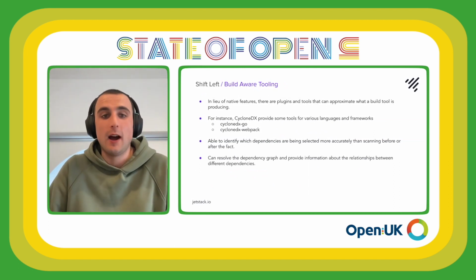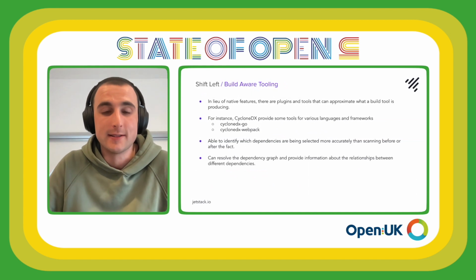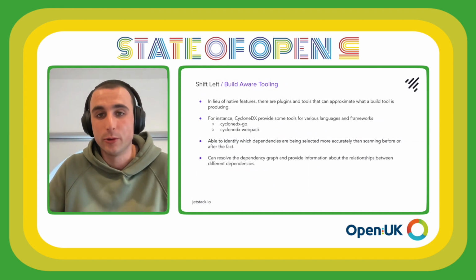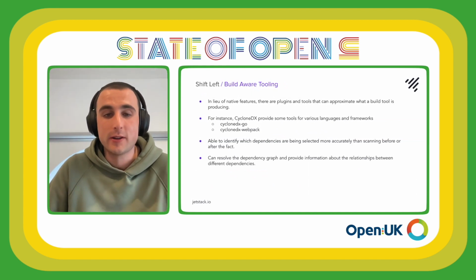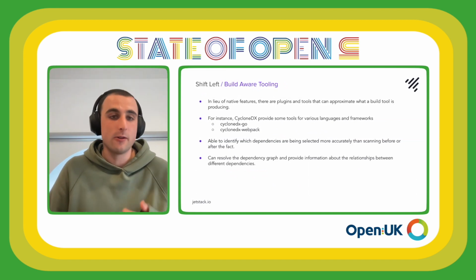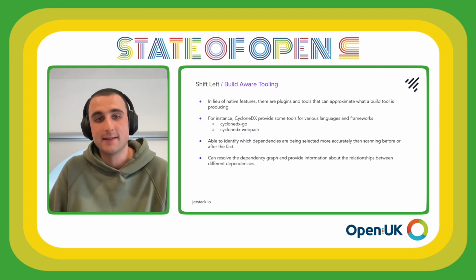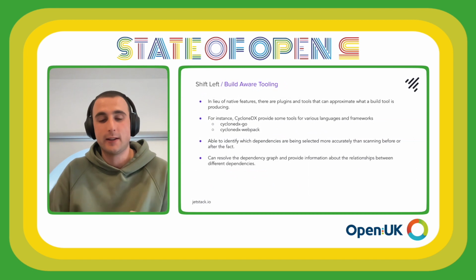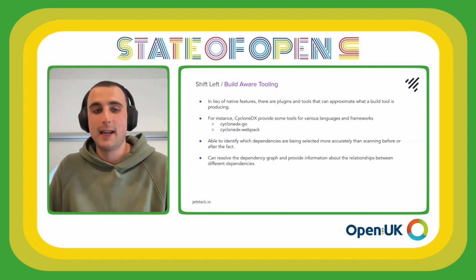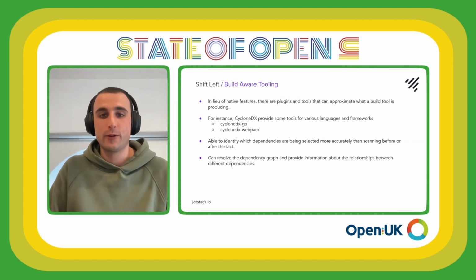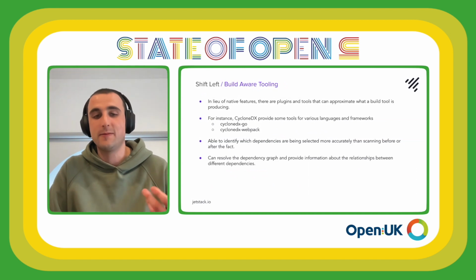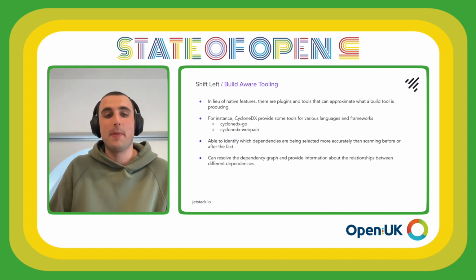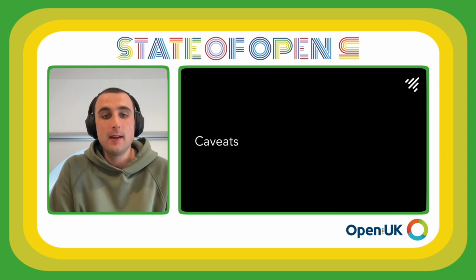More examples are the CycloneDX project, having some extra tools for various languages and frameworks that might be able to help you here. Two examples in the CycloneDX case are CycloneDX Go and CycloneDX Webpack. They know exactly how to interface with Go in order to produce a software bill of materials that's going to be true, accurate, and reliable.